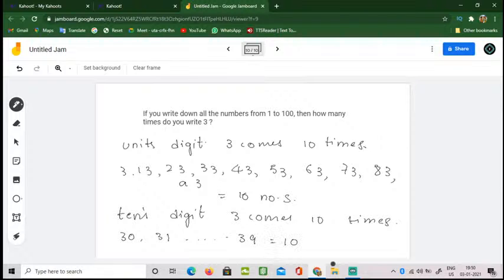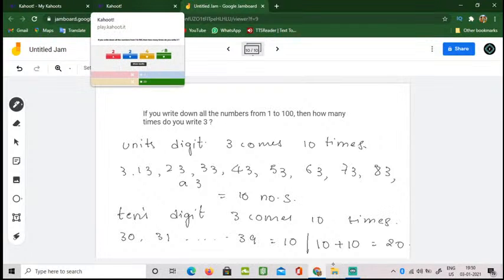If you add 10 plus 10, you get 20. This is the last question of today's session, and I hope you all got the answer.